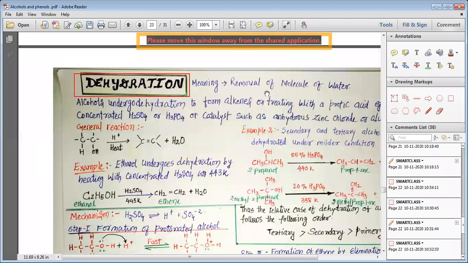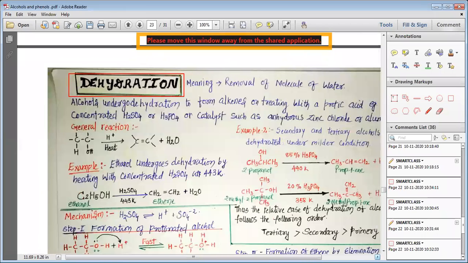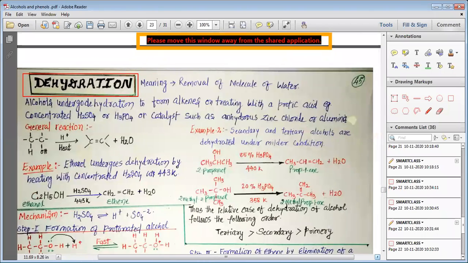What do we understand by the word dehydration? It means removal of a molecule of water. Removal of a molecule of water is known as the dehydration reaction.